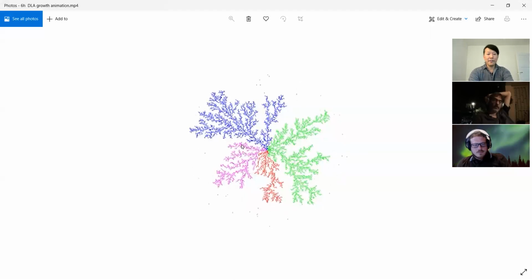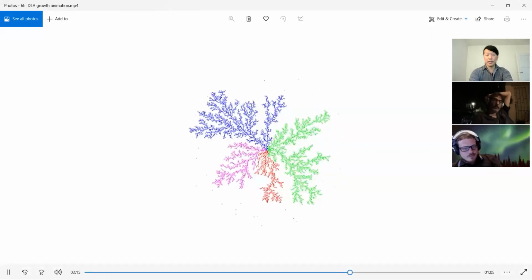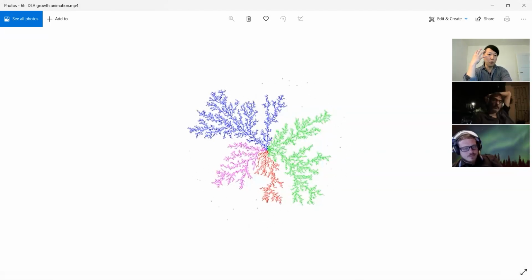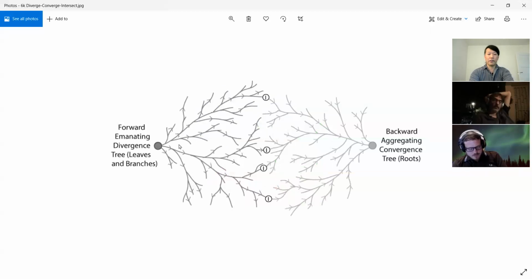So there's a way of looking at behavior overall which shows that your entire web of meaning in your head, the web in your mind, the entire web of all the representations in your head, are basically 2 trees. There's a tree of divergence and a tree of convergence. And with this diagram, I represent it.